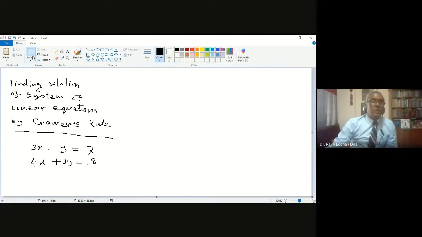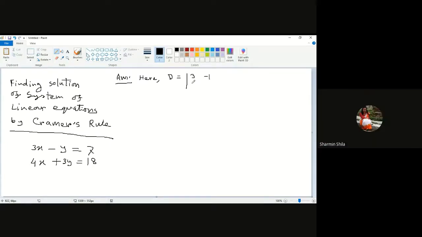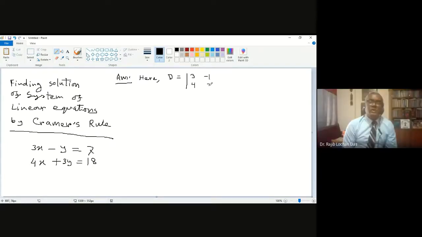So how can you start answering? This is the question, and you start to answer. You have one determinant, and let us write the determinant like D. So D is one determinant, it is 3, minus 1, 4, 3.